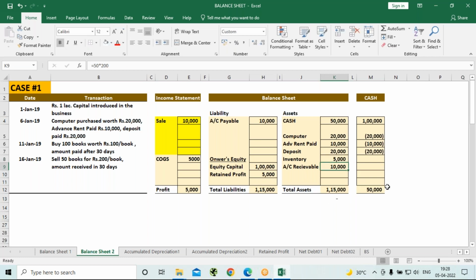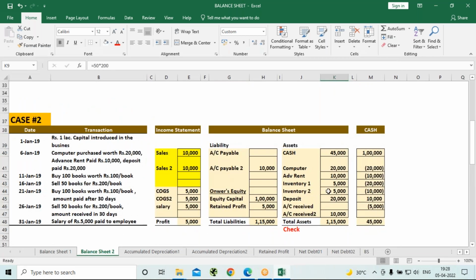Is that clear? So as soon as you pass the transaction, make the changes in the respective components so that it will not have any problem later. Now the balance sheet has been balanced, yes? Okay.